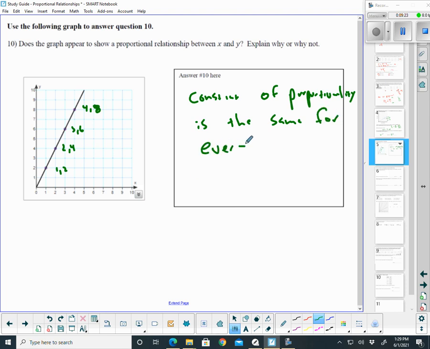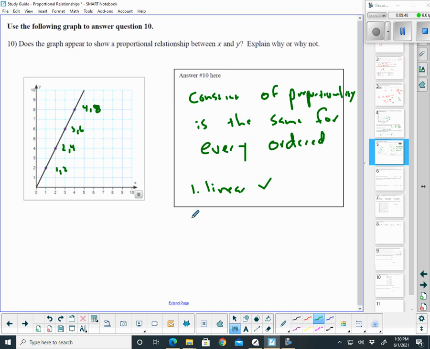All right. Now, another thing that you can say is there's two things that every graph of a proportional relationship has. It is linear, so is this linear? Yes, it is. So 1, it is linear. Check.